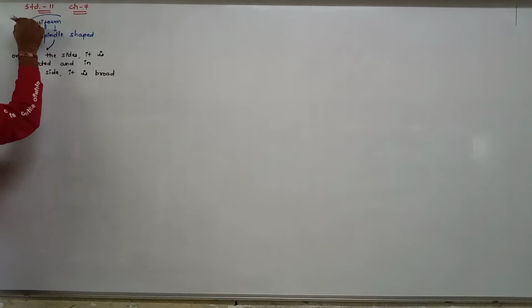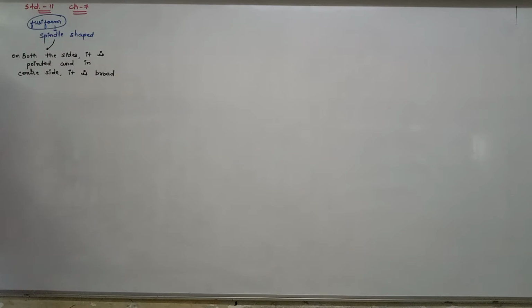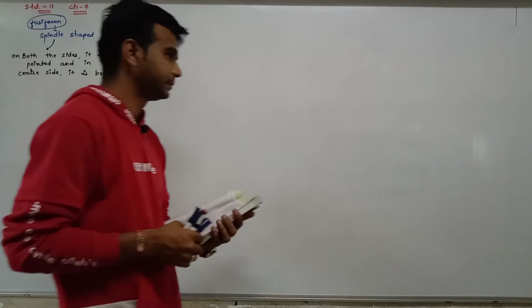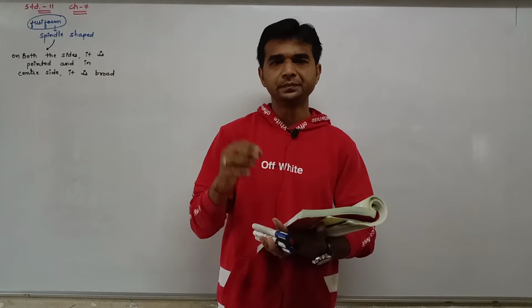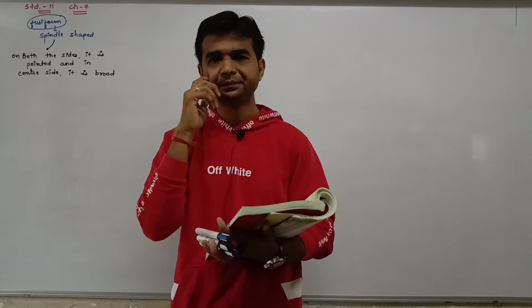So what is the meaning of spindle shape? Both sides are pointed and in the center it is broad. See in the diagram: spindle shapes are there, and here there is no stria.